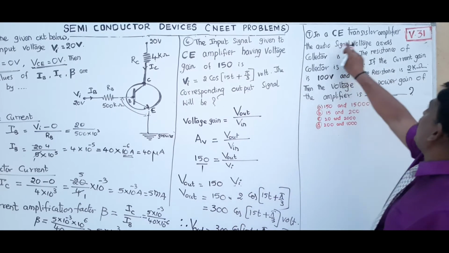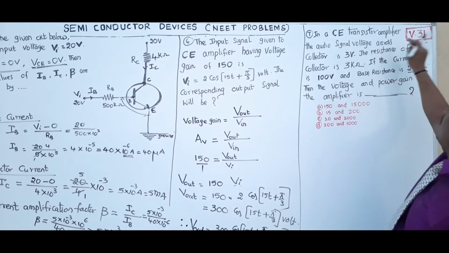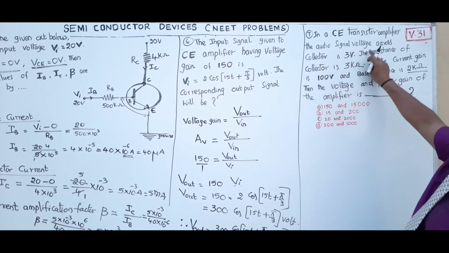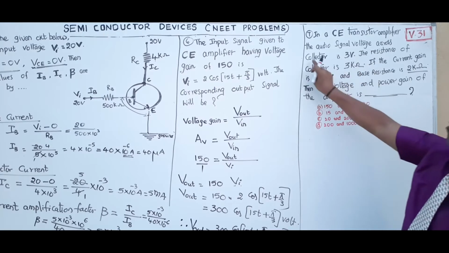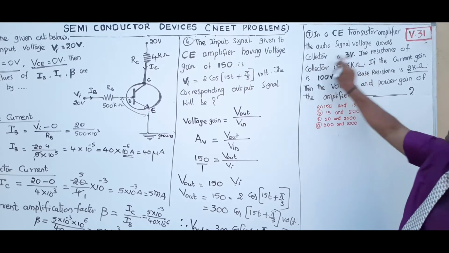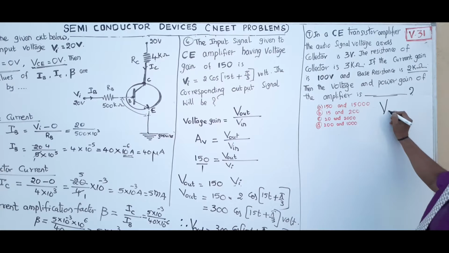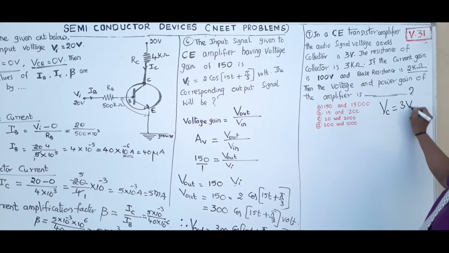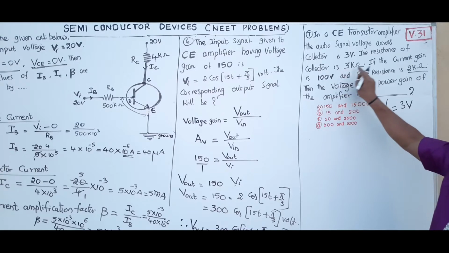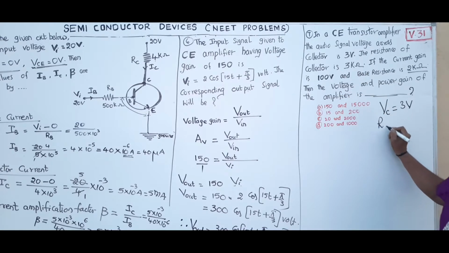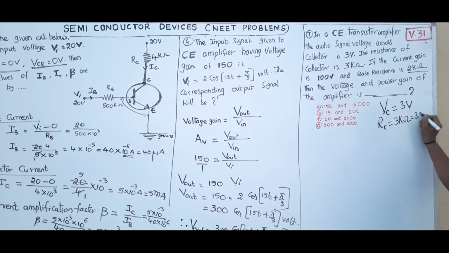Problem number 7. In a common emitter transistor amplifier, the audio signal voltage across the collector is 3 volt. The resistance of the collector is 3 kilo ohm, that is equal to 3000 ohm.